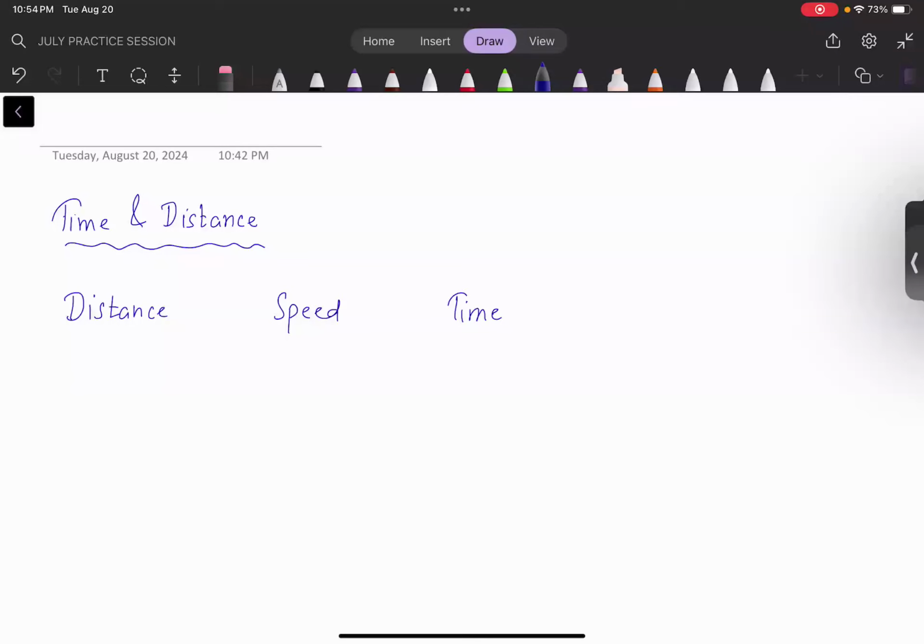How are they related? In any situation, distance equals speed into time.